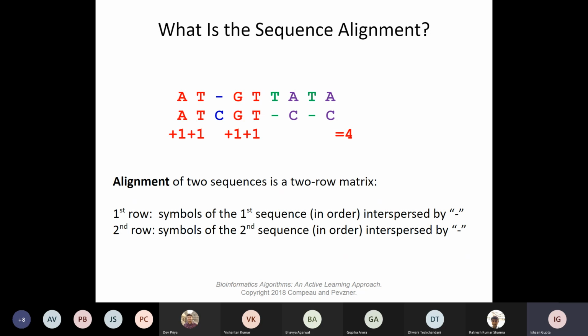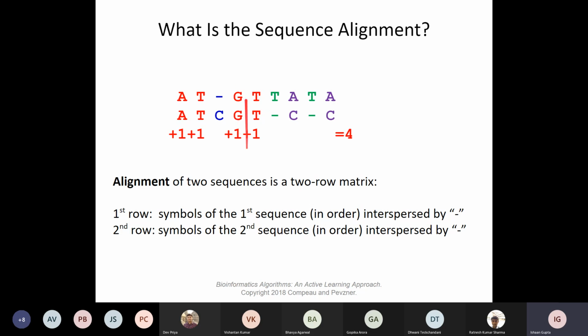Sequence alignment essentially is alignment of two strings, and this alignment itself can be shown in this kind of a two-row matrix, right? The first row has symbols of the first sequence, and the second row has symbols of the second sequence, and you would have these dashes, which are called insertions or deletions, interspersed. Now, what do I mean by insertions and deletions?